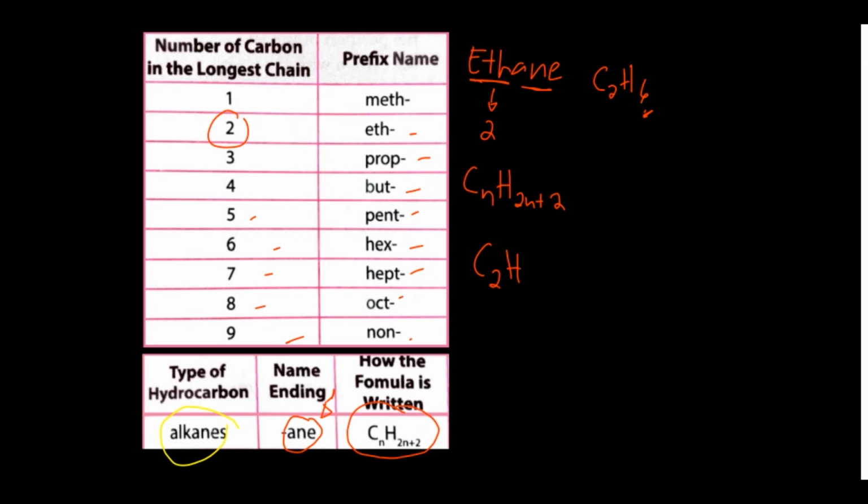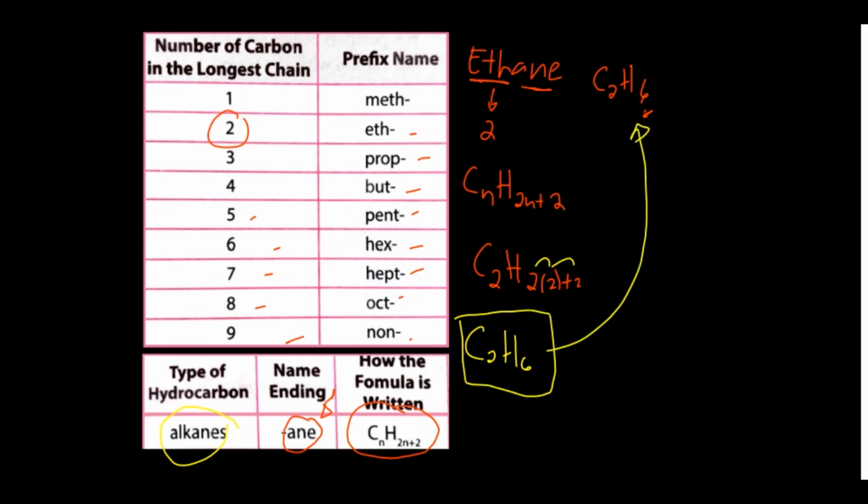And for H, we have 2 times 2 plus 2. So, that gives us C2, H2 times 2 is 4 plus 2 is 6. So, that's how you determine the number of hydrogen.